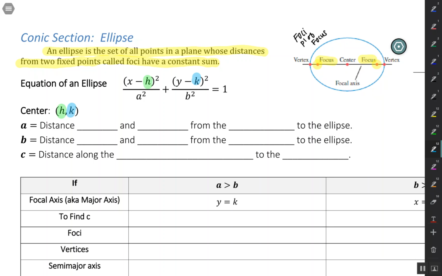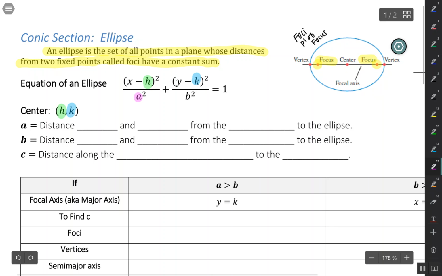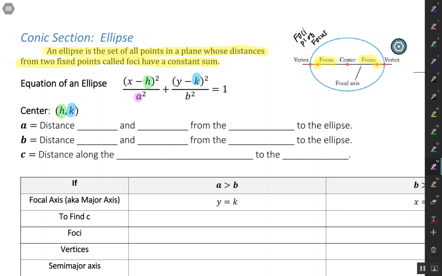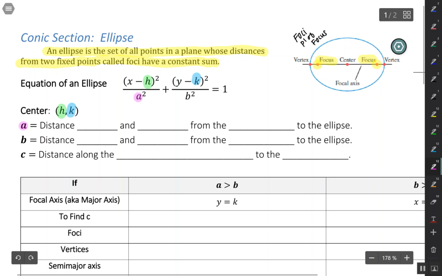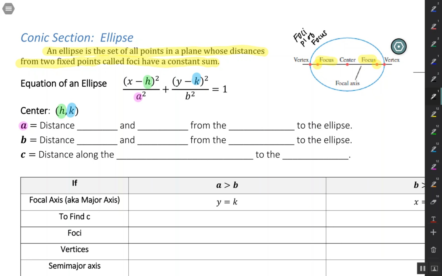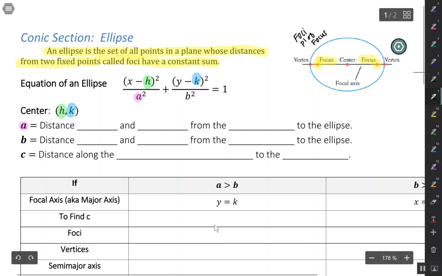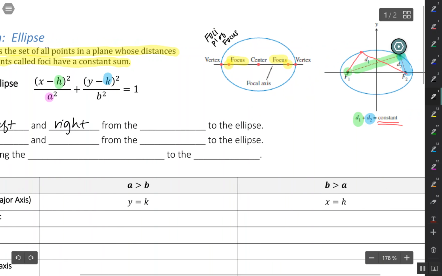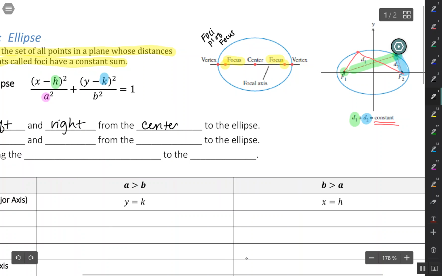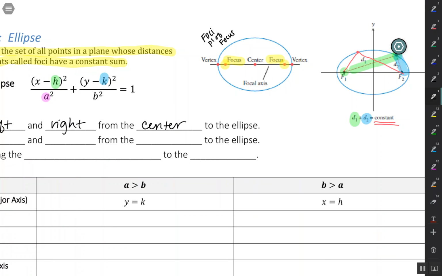Then we have this a and the b. So a is being squared, and it's in the denominator of the (x minus h) squared. So I want you to think of a as going with x. So a, which will always be positive, is going to be the distance, well, it's under the x, so it's going to be the distance left and right from the center of the ellipse to the ellipse.